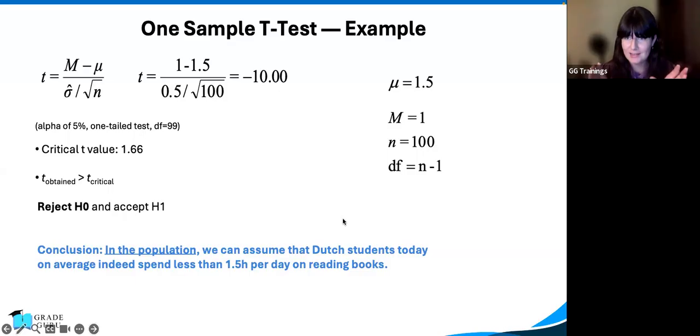Whenever we're working with z means we have been given population SD. So that's true for Z transformation, the sampling distribution of means, and the one sample Z test. It's only in the T test now where we're estimating the SD.